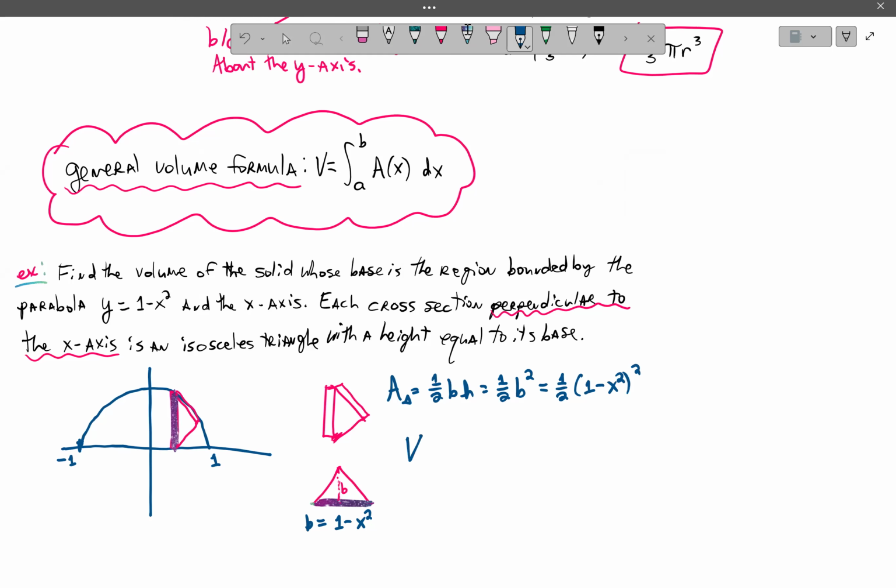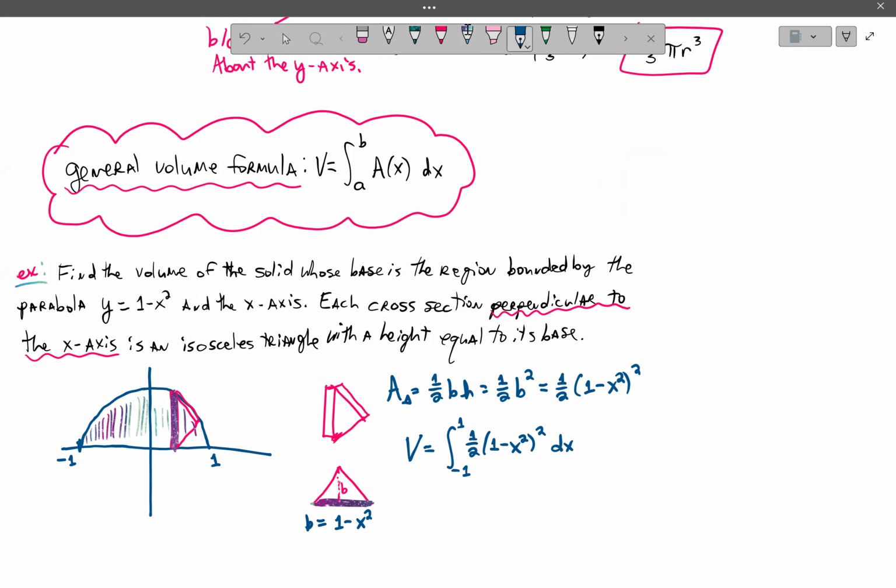Now my volume then is equal to, I'm going to be stacking these rectangles that then go into triangles along the x-axis from -1 to 1. So that's my bounds of integration. The area is 1/2 times 1 minus x squared squared dx. Now, same as in the last question, we can see that on the left side here and the right side, we have exactly the same thing happening, meaning we have symmetry between the left and the right sides.